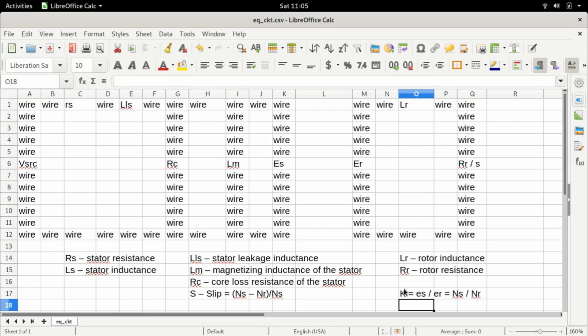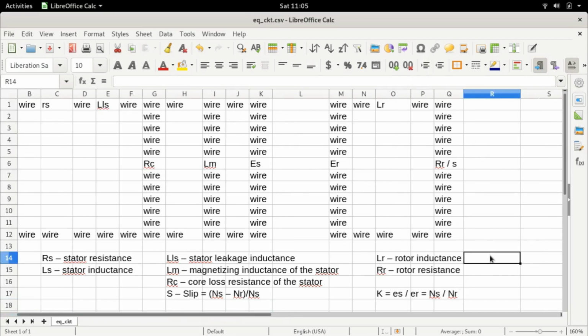So this turns ratio K is just like a transformer, to say that ES and ER are now related by this turns ratio. What this means is, I could write that ER dash is equal to ES divided by K. This is the transformation of my rotor induced EMF to the stator side, following this particular definition.